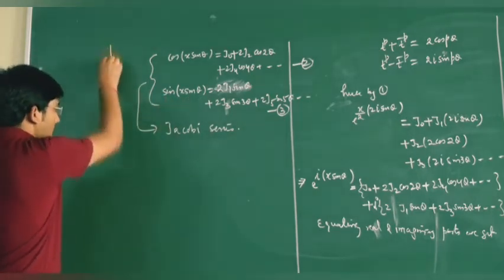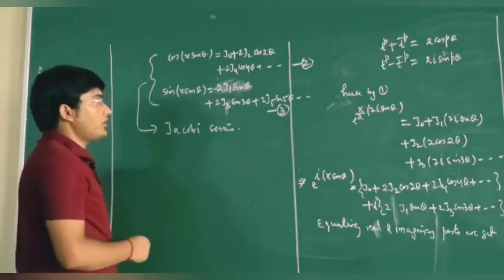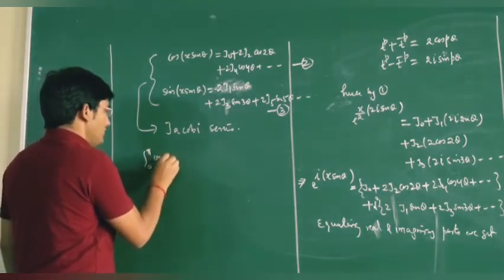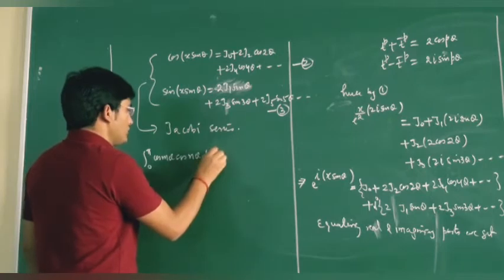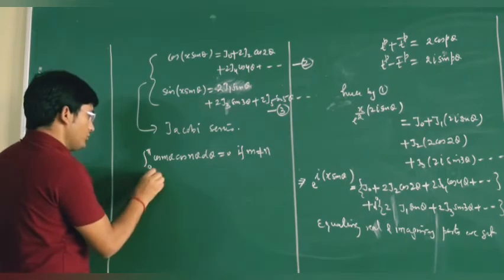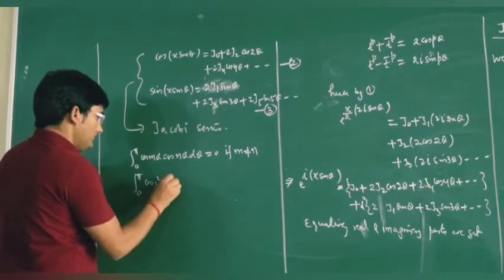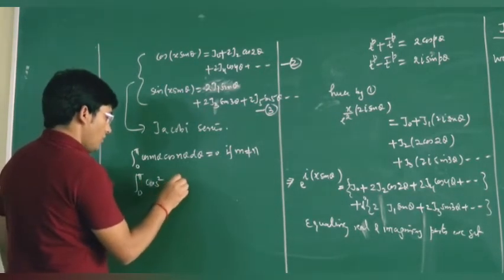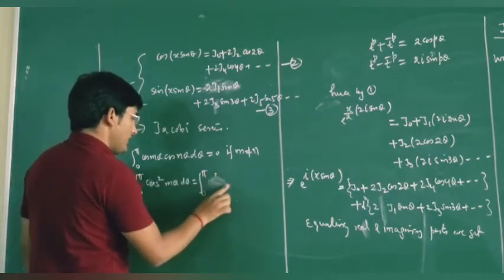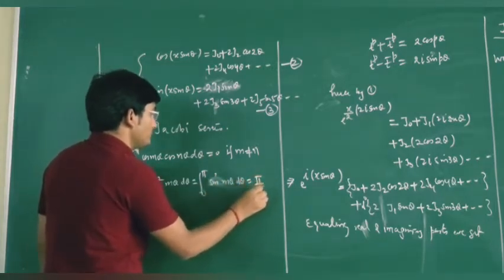Before that, let us use some standard definite integrals. We know that the value of the integral from 0 to pi of cos m theta into cos n theta d theta is equal to 0 if m is not equal to n. We also know that the integral of cos square m theta, or cos square n theta, or sin square m theta, is equal to pi by 2.